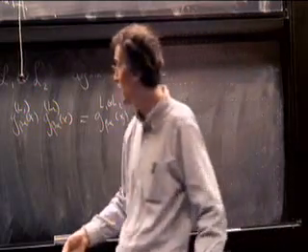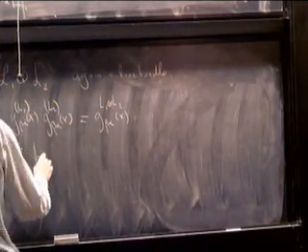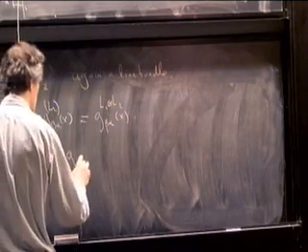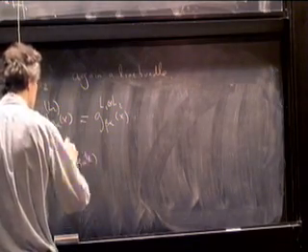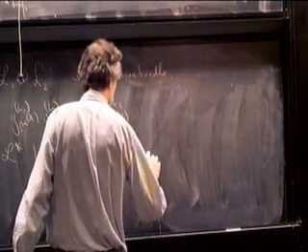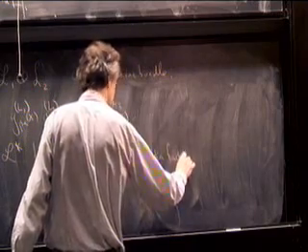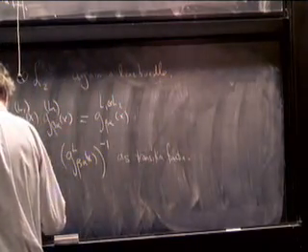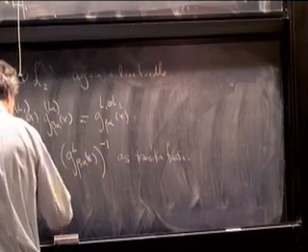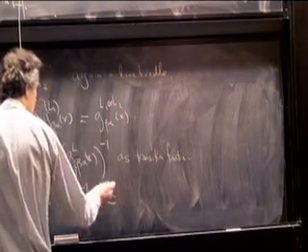Actually, the line bundles form a group because L dual has g beta alpha of x inverse as transition function. So L tensor L dual is isomorphic to the trivial bundle.